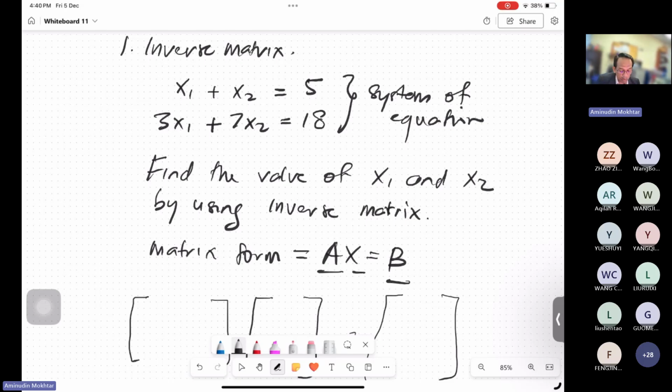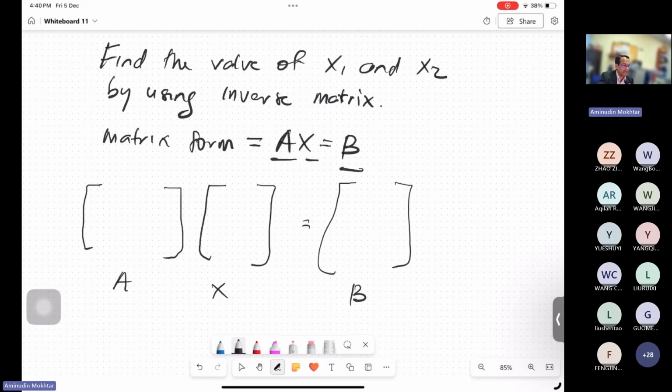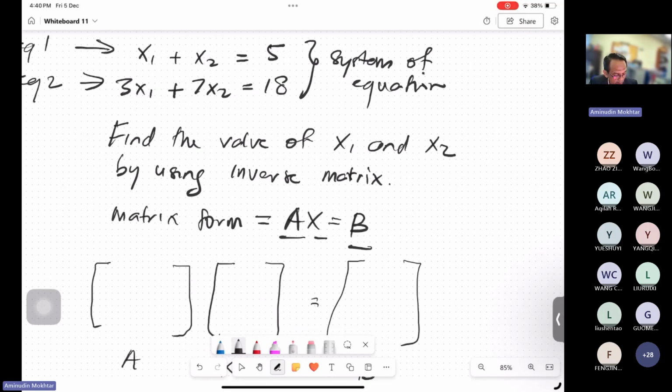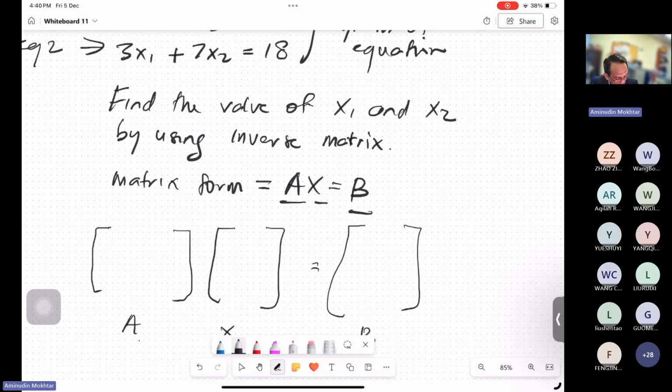In this system of equations, we have two equations here. Maybe this is equation number 1, and the second one is equation number 2. So we are going to have two rows in matrix A, dua baris dalam matrix A. So matrix A will have two rows times how many columns?